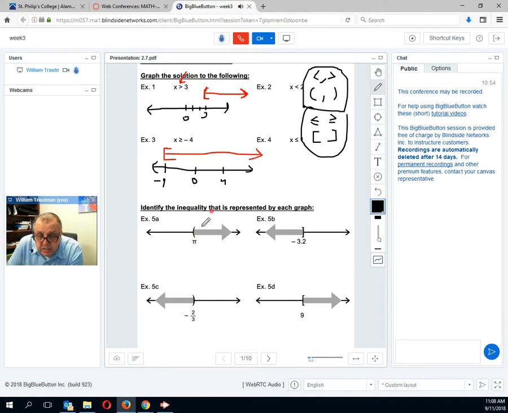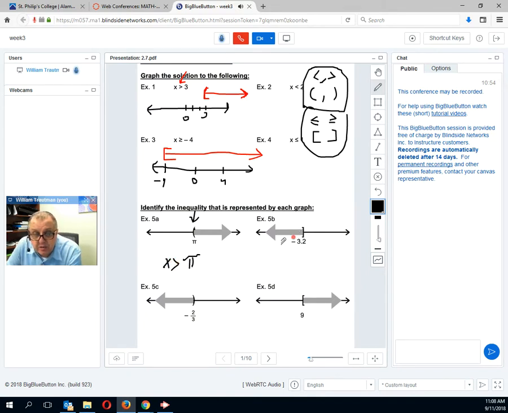So here, if you look, now we have to write the inequality. This is not equal to it because it's a parentheses. And by the way, this is the number pi. So we're just going to write pi. And if you look, everything's greater. So x is greater than pi.